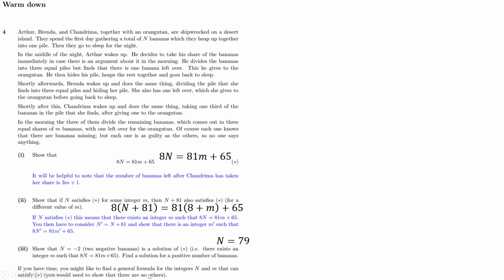Anyways, we want to find a general formula for n and m that satisfy this. So if n plus 81 is always a solution, so is minus 2 and 79. We've already gotten those as solutions. And if n plus 81 is always a solution, we can plug this in there and get a new solution that's always correct. And then plug this into there, that gets a new solution that's always correct. And then plug that solution back into there.